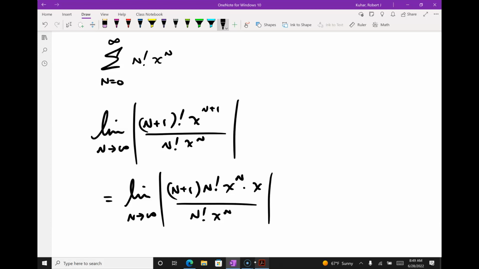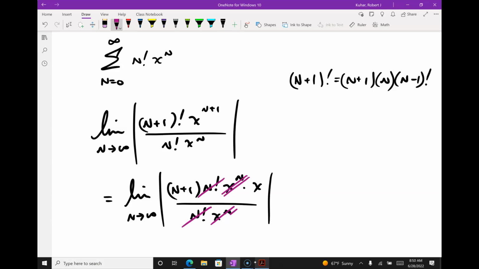Sometimes you might even need to peel off two terms. If I had an n plus 1 factorial, that would be an n plus 1 times an n minus 1 factorial. Sometimes you'll have to even do that. So some things cancel here, which is nice. The n factorials cancel.